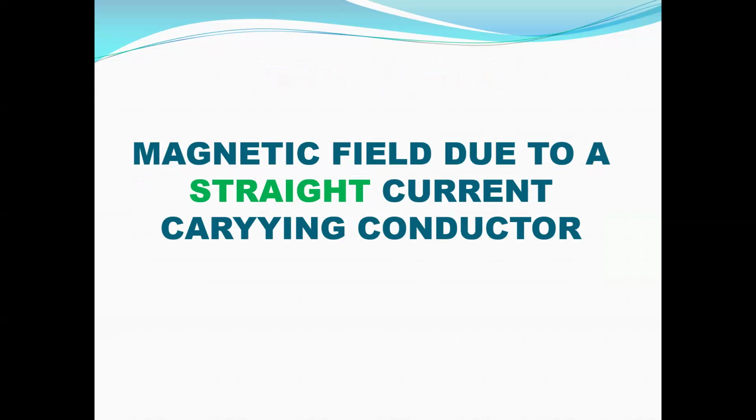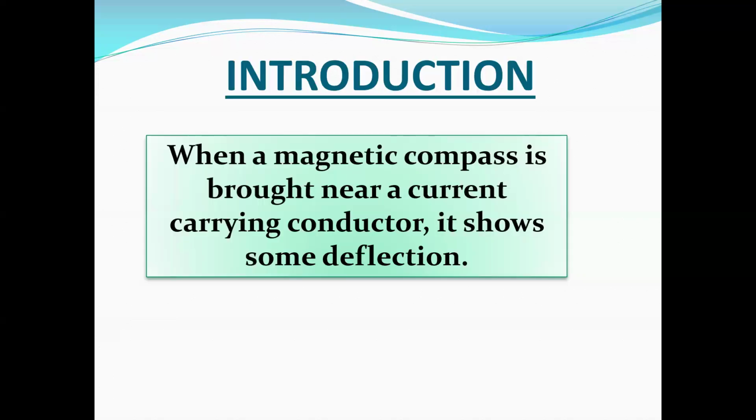Please locate the heading and write down the first concept: a magnetic compass can be used to show magnetic field around a current carrying conductor.